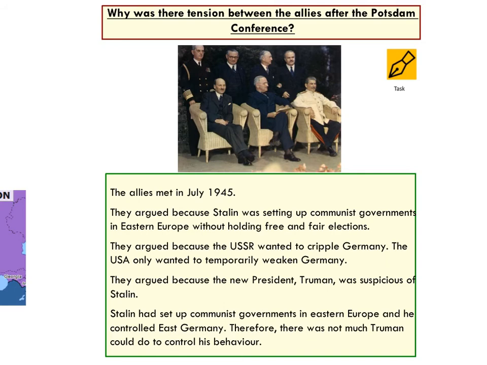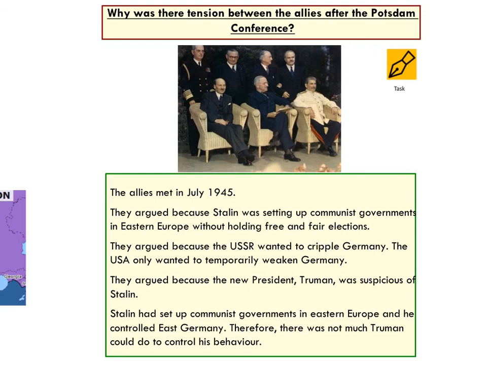So Stalin was really keen to make sure that Germany could never lead a war against Russia or the Soviet Union ever again. But this really concerned Truman because Truman had seen that after the First World War, when Germany had been punished with reparations as a result of the Treaty of Versailles, that had encouraged Germany to then start the Second World War. So he wanted to avoid that from happening. So there were disagreements over that.